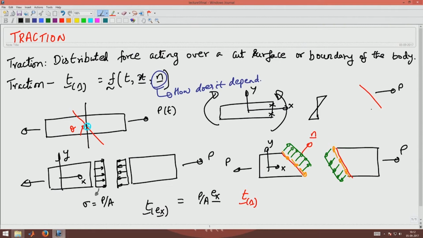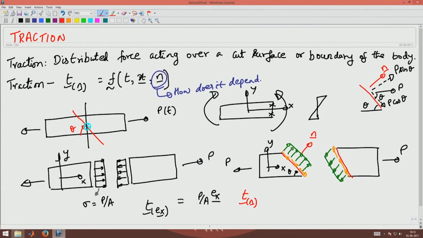This P makes an angle theta here, so this angle would be theta. So this component of the force would be P sin theta, and this component of the force would be P cos theta. What I have done is resolve the force normal to the plane along the n direction and parallel to the plane.